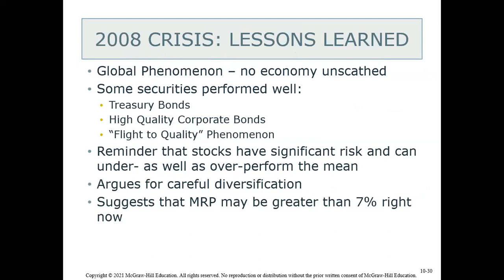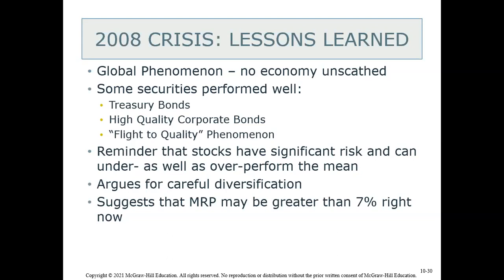So a great lesson learned from 2008 beyond these things is that we have to be very careful with how we diversify, what type of investments we make. We don't want to put all of our money into one particular type of investment. Because as you can see, stocks can be doing really poorly, but Treasury bonds can be doing really well.